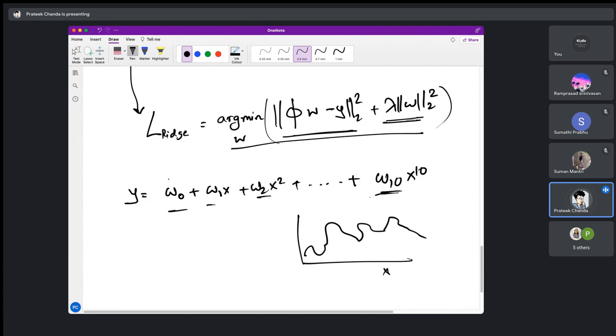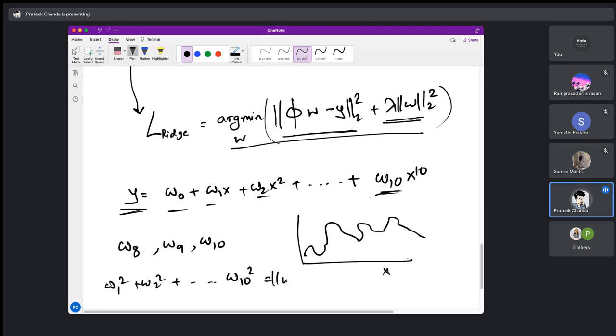Now I want to minimize the loss for this function, and because it's an L2 penalty, it is w1 whole square plus w2 whole square up till w10 whole square.